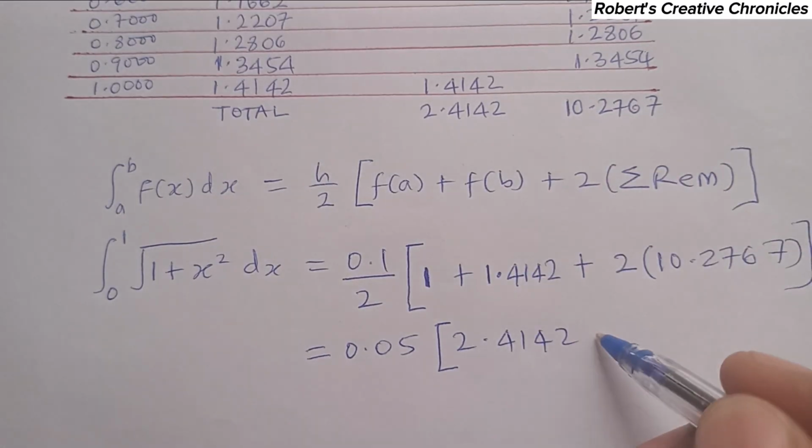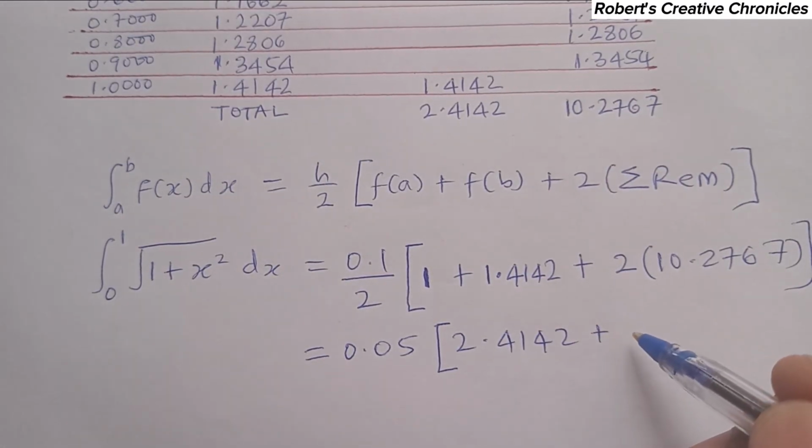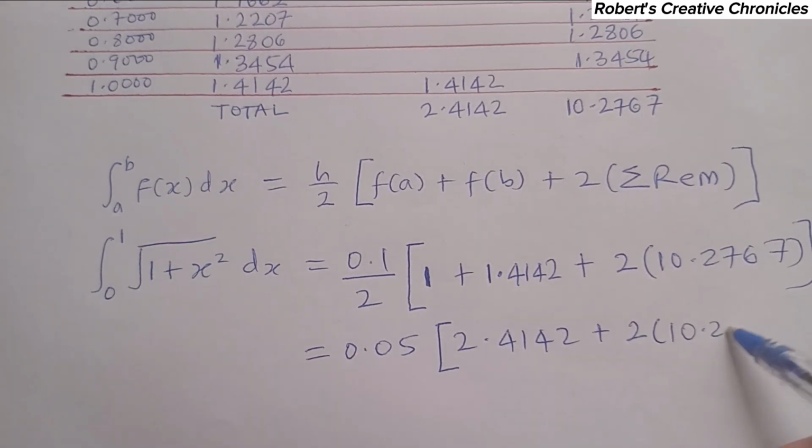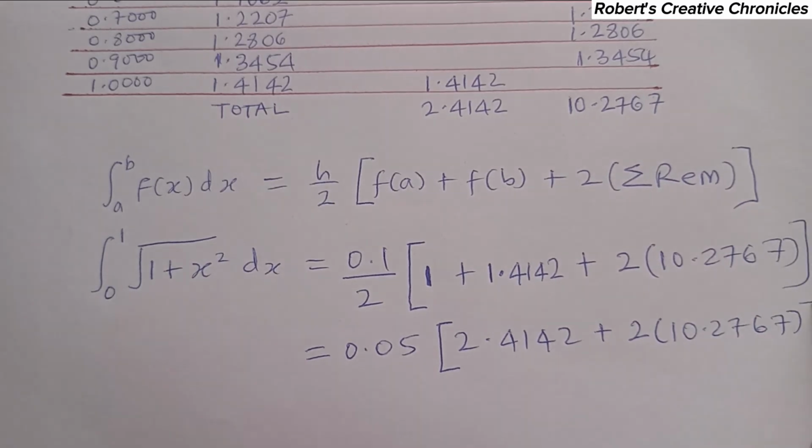2.4142 plus 2 times 10.2767. We can put this in the calculator now.